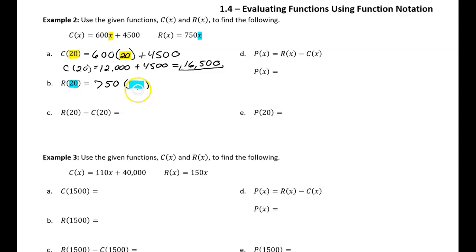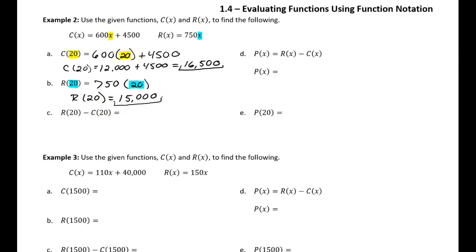And what do I fill it in with? The 20. So in this case, we're going to have R of 20 is equal to 15,000. All right, pretty nice. Big numbers, but we can find these with our calculators.